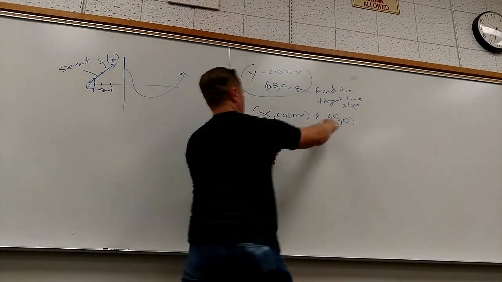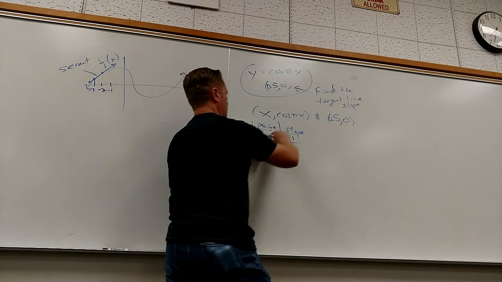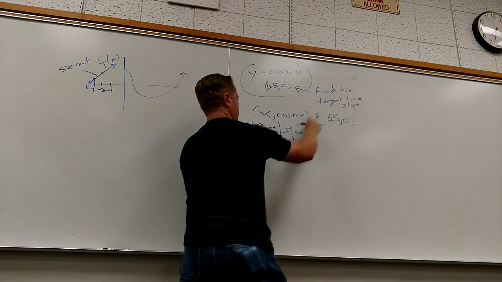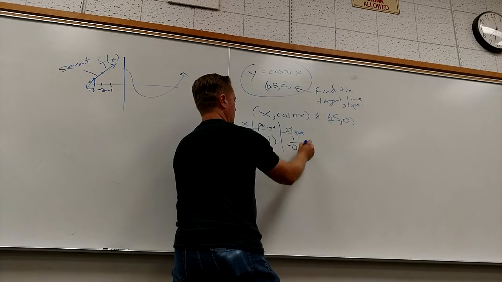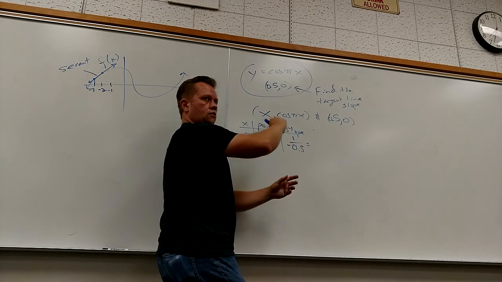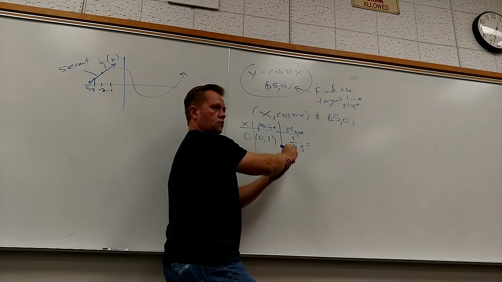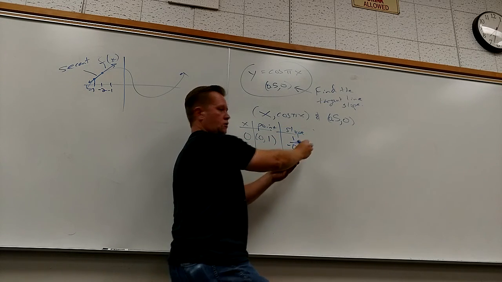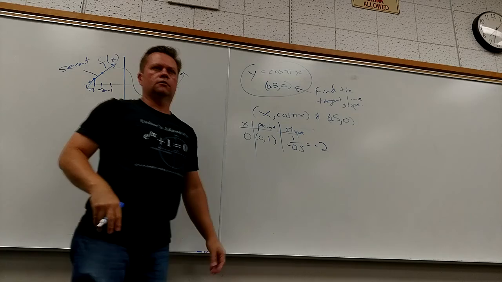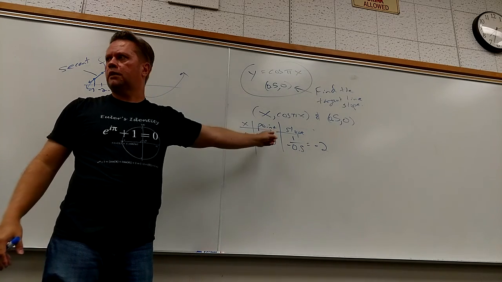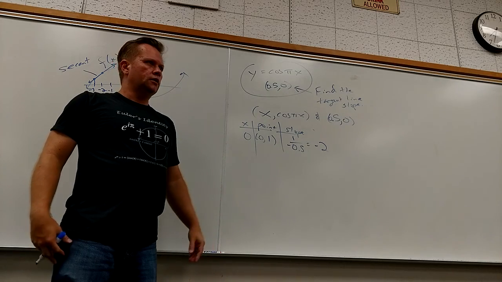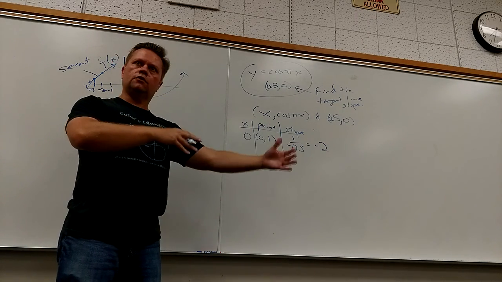So it'll be 1 over 1 minus 0 is 1. 0 minus 0.5. -2. I like it. 1 divided by half is 2. Plot the -1. Right?